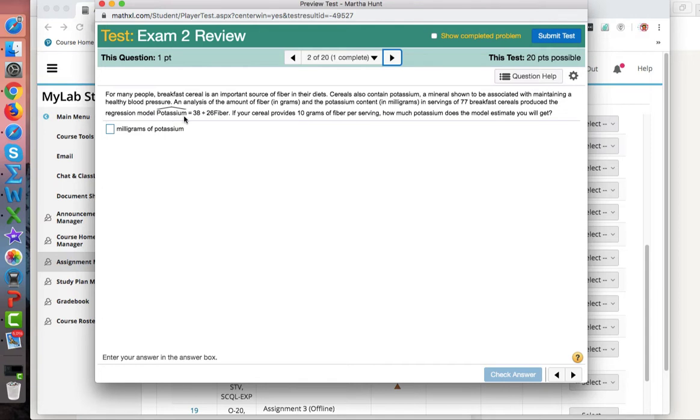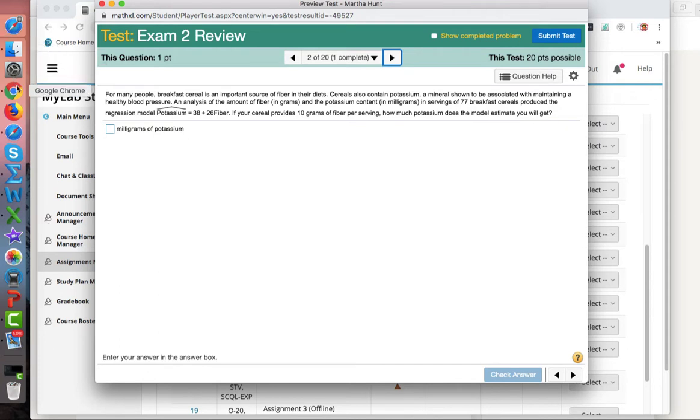The predicted potassium is 38 plus 26 times the fiber content. If your cereal has 10 grams of fiber, how much potassium does the model suggest?